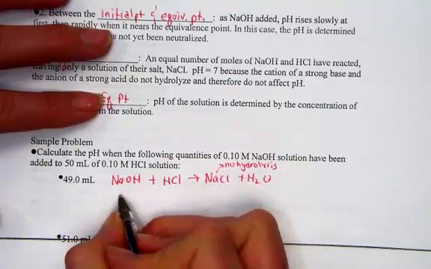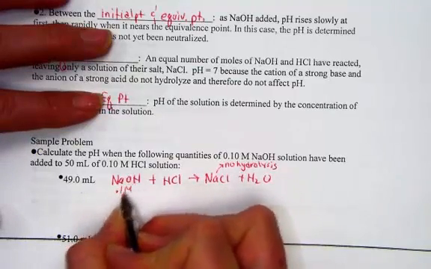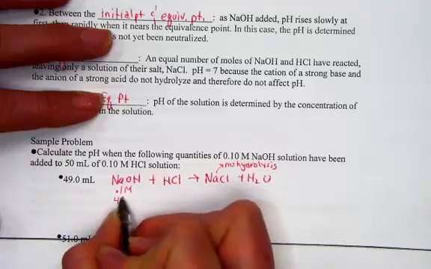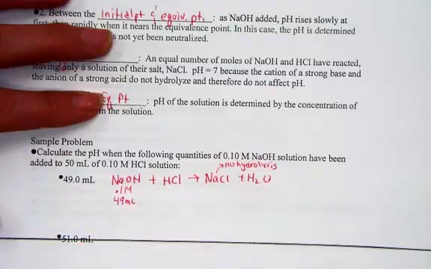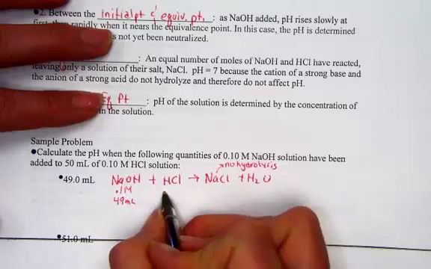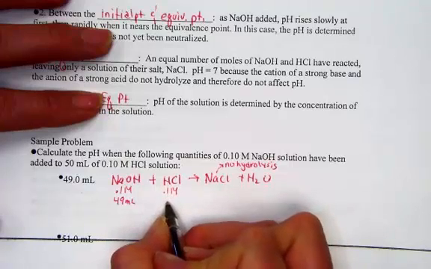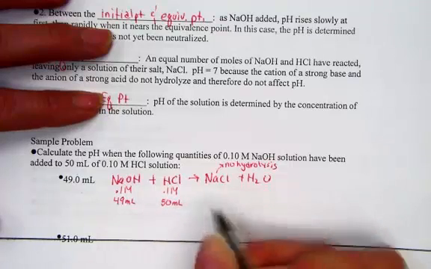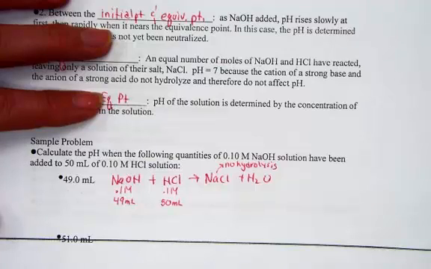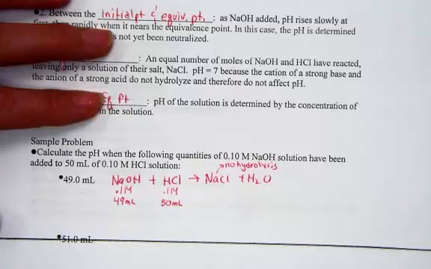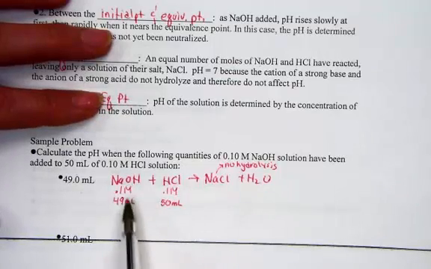We know we have 0.1 molar of the base, and we're going to put in 49 milliliters of the base. 0.1 molar acid and 50 mL of the acid. Let's do molarity times liters and determine the number of moles and consider the stoichiometric ratio.